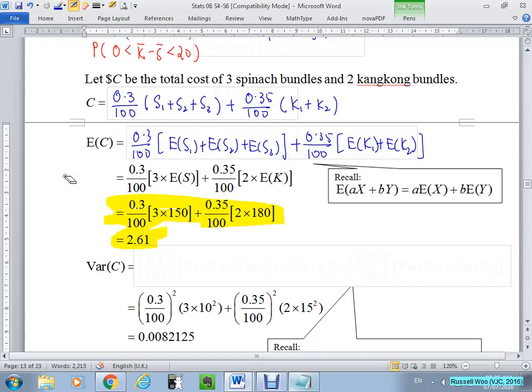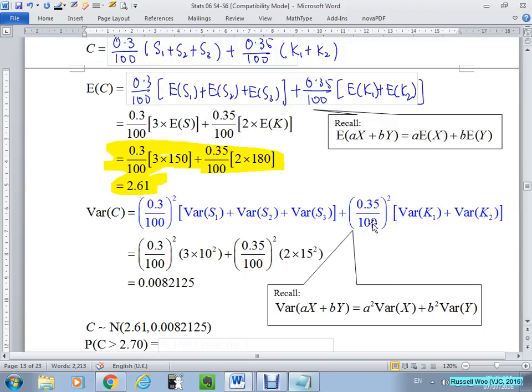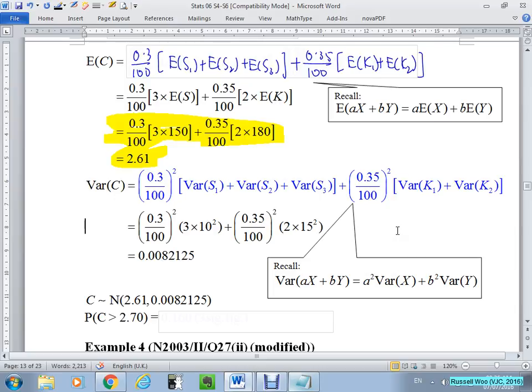Similarly for variance. Variance must be, don't want to write, lazy, you all see, okay? Remember the square? Variance of S1, variance of S2, variance of S3, and then this square. Remember the square.